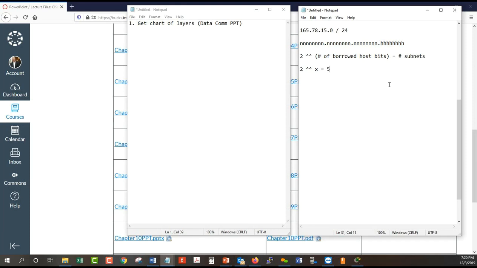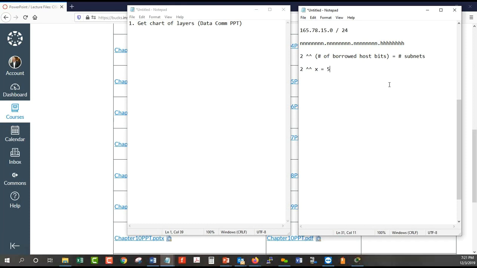Well, if we substitute for x and we use x equal to 2, then it's 2 to the 2, which is equal to 4. And 4 is not enough for 5. So the next value of x will be 3.